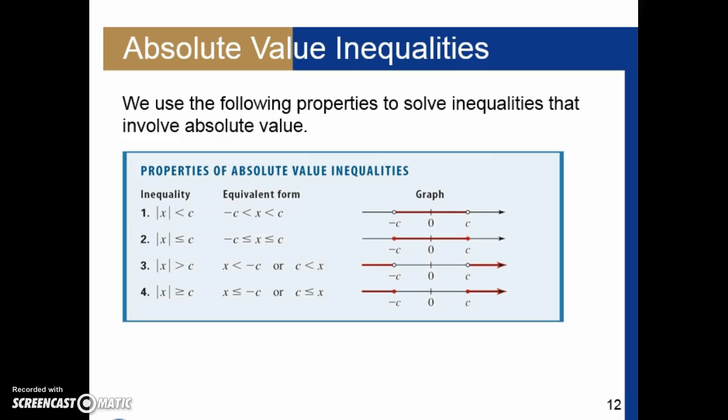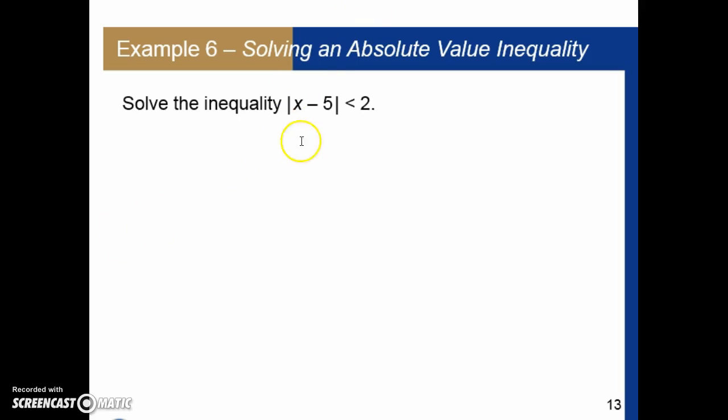We're just close. Okay, so let's see if we can find a solution here. So let's go back, and we know that if we have the absolute value of x is less than c, then what we're saying is that x has to lie in between negative c and c.